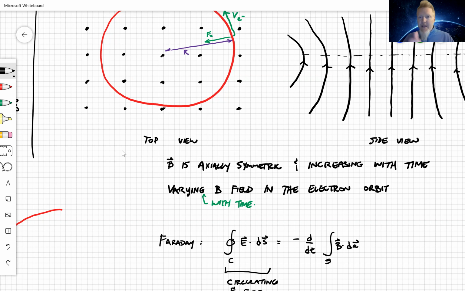So if I use the right-hand rule, I take the negative of the flux change direction, that's into the page. And my right hand should tell me if I go into the page and I circulate with my fingers, that's the direction of the circulating E field. So in this case, the E field is circulating clockwise.